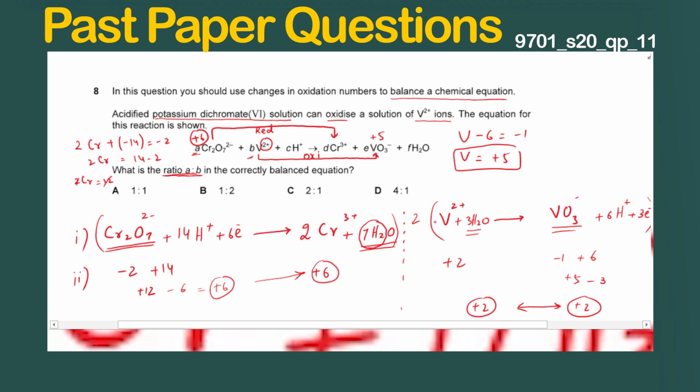In this way, we are having 2 V2+ ions, 6 H2O, 2 VO3-, 12 hydrogen ions and 6 electrons after multiplying with this. So here we have 2 and here we have 1. So answer should be B, 1:2.